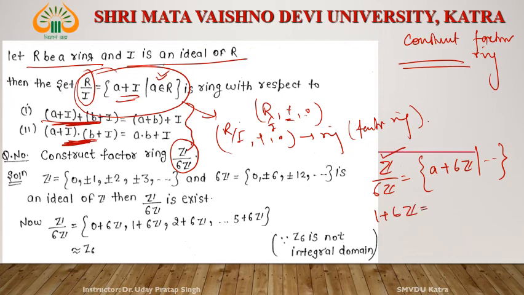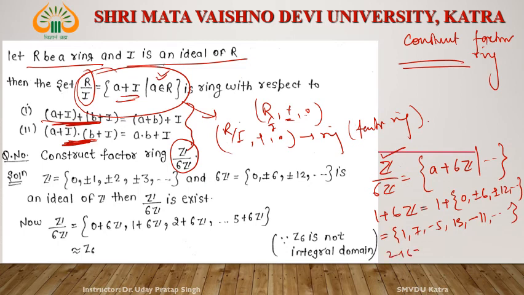What is 1 plus 6Z? What is 6Z? 0, plus minus 6, plus minus 12, and so on. So 1, 6 plus 1 is 7, minus 6 plus 1 is minus 5, 13, minus 11, and so on. So that is 1 plus 6Z.